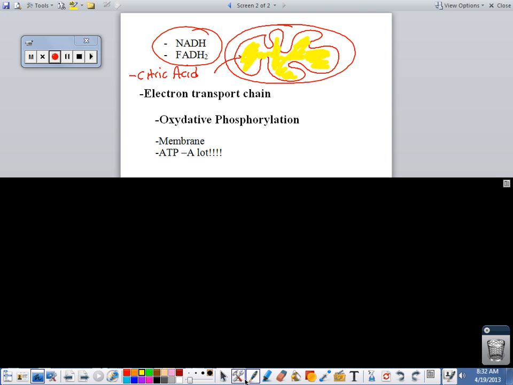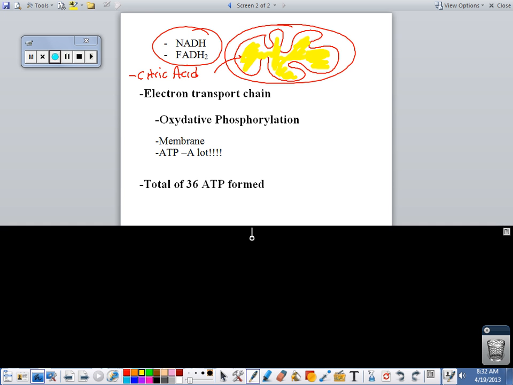This is also called oxidative phosphorylation. It uses ATP synthases, which are just proteins embedded in the membranes of the mitochondria, and again there's a high concentration of hydrogen on one side, low on the other, which causes them to move quickly, and it produces ATP.